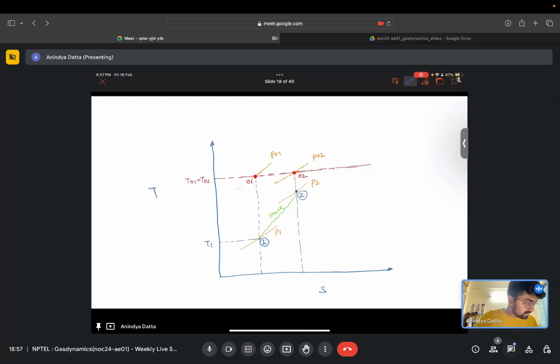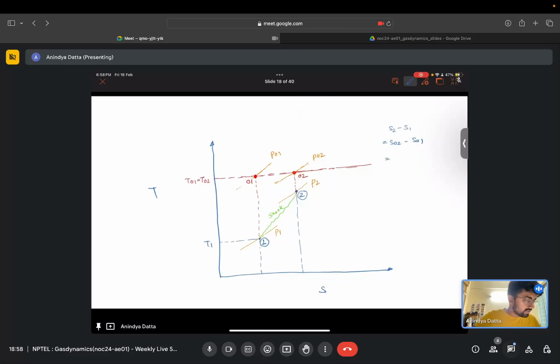Okay, all right. And we see that S2 minus S1 is also equal to S02 minus S01, right? If you project the state points onto the horizontal axis, you can see that the difference S2 minus S1 is equal to S02 minus S01.